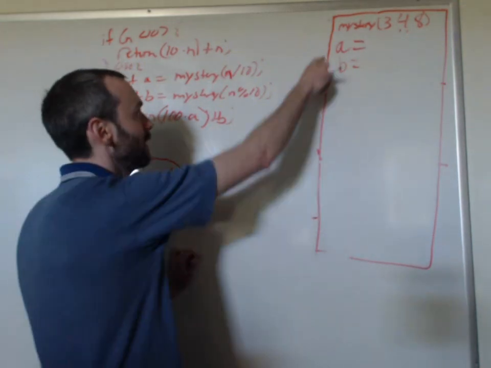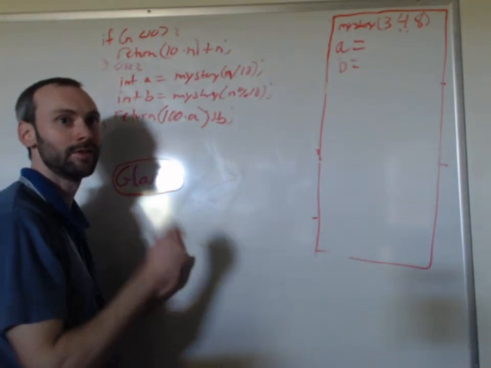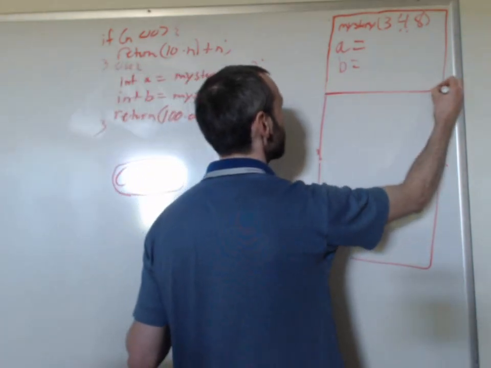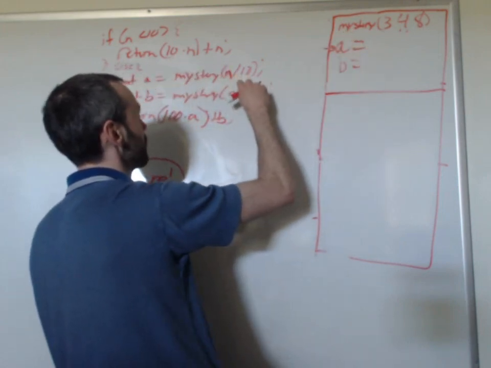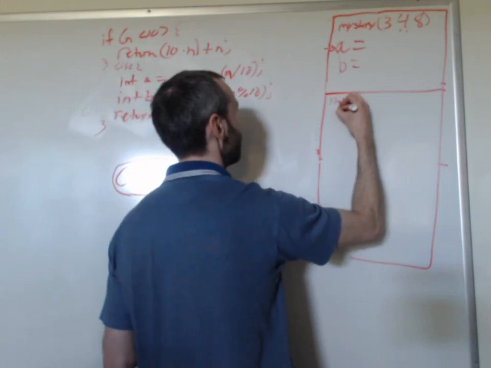Well, if we're right here, we call A. What do we need to do? Call mystery again. So we're right here, and we're trying to call mystery because we're on this line. So what are we calling mystery on?